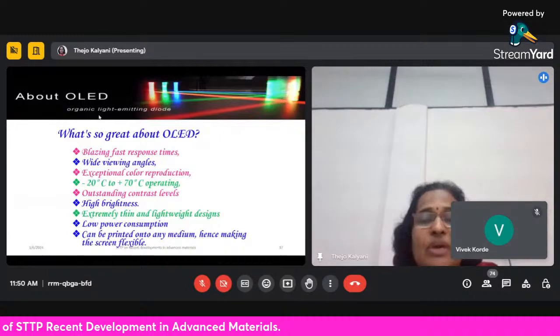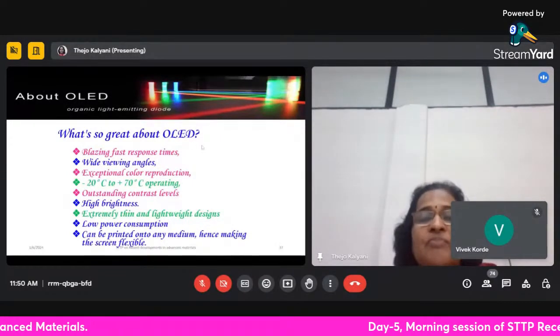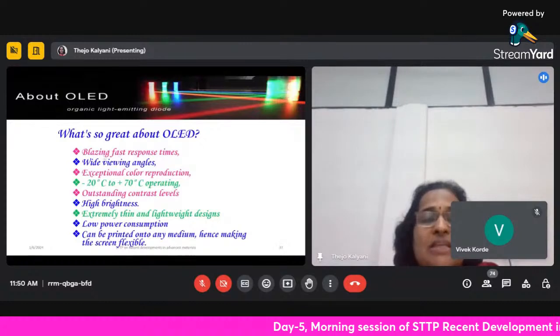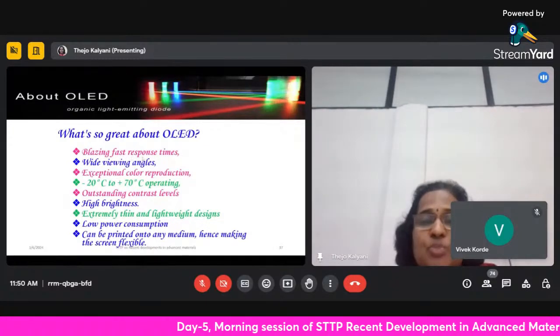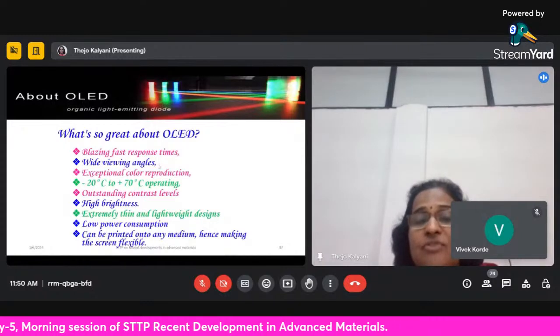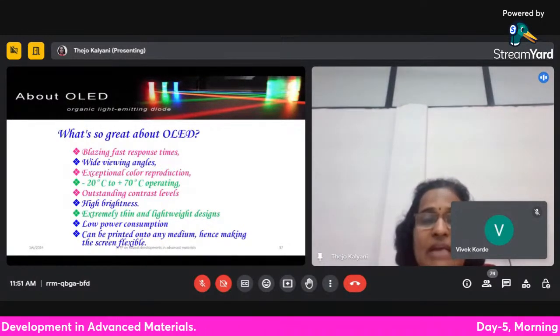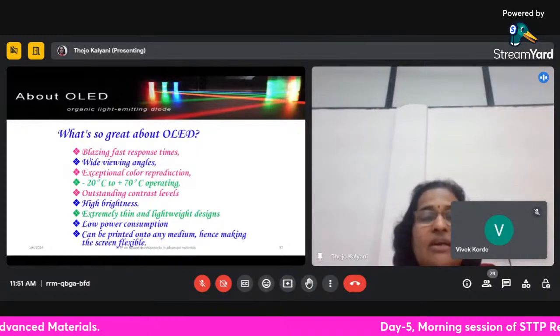Now let us try to understand what is so great about these OLEDs when we compare them with other lighting systems. As compared to other lighting systems, the response time is very fast, and they offer a very wide viewing angle. Whenever we are operating a laptop, if we are seeing it directly, we can see the image very clearly.